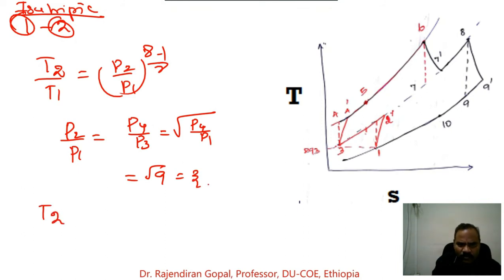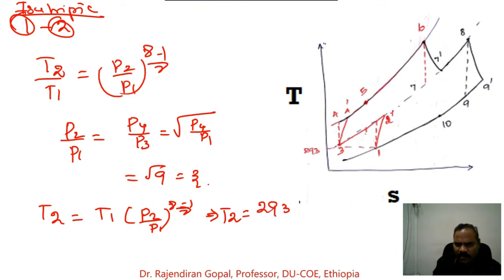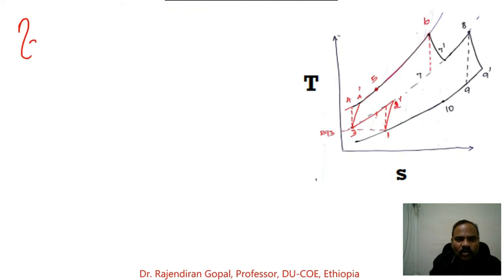So we get T2 is equal to T1 into P2 by P1 whole to the power gamma minus 1 by gamma, that is T2 is equal to 293 multiplied by 3 whole to the power 0.4 divided by 1.4, that is equal to 401.04 Kelvin.